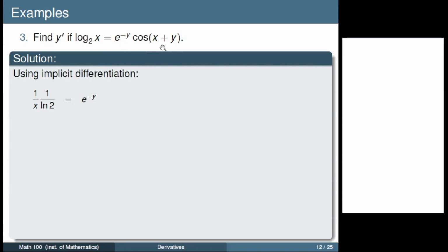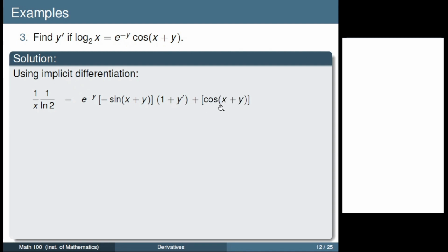Ang derivative ng cosine ay negative sine, right? So, you have negative sine x plus y. Di pa tayo tapos, kailangan pa nating multiply sa derivative ng x plus y by chain rule. Ang derivative niyan ay 1, derivative ng x. At ang derivative ng y ay 1, pero since y yan, we have to put y prime or dy over dx. Okay?